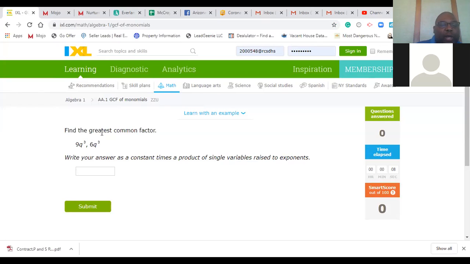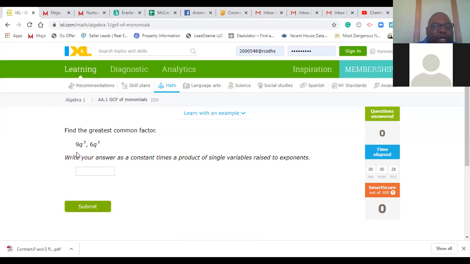So find the greatest common factor. So what I see is that I see Q to the third in each term. And I also see that there's a 9 and a 6 in each term. And I think I can divide 3 into 9 and also 3 into 6.